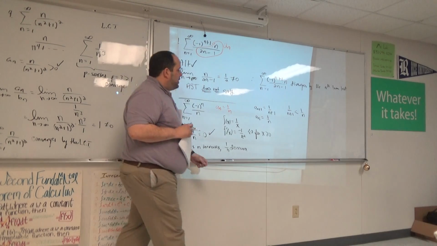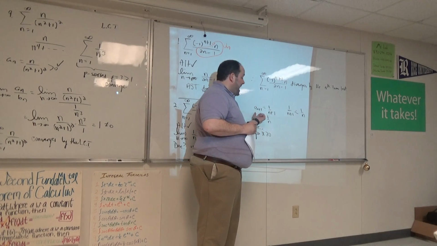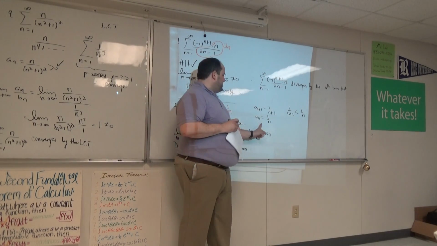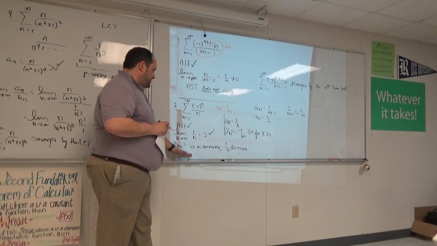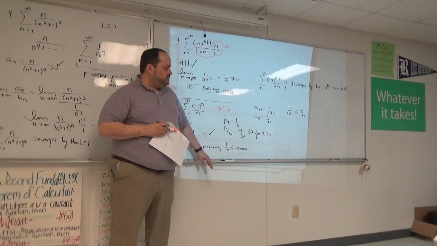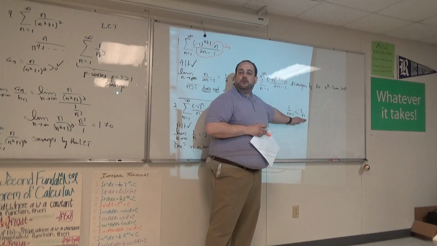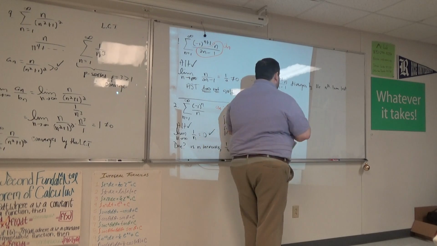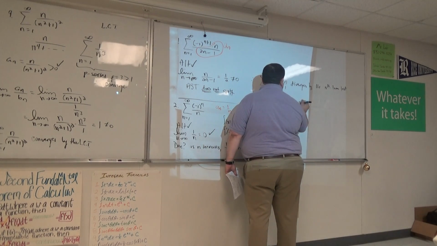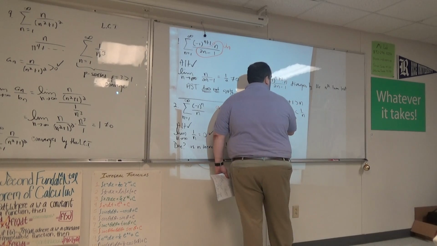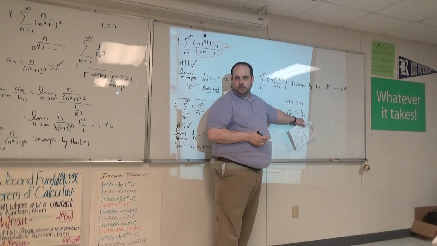What we're saying here is that a sub n plus 1, the next term, is always less than the term I was just at. So show it through a verbal argument, a little calculus argument, or argue through inequalities. I would probably start with the relationship that n plus 1 is greater than n, and when I take the reciprocal, 1 over n plus 1 has to be less than 1 over n.